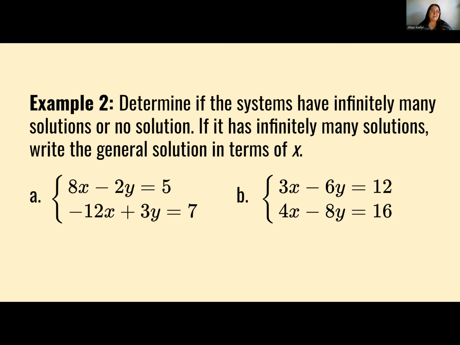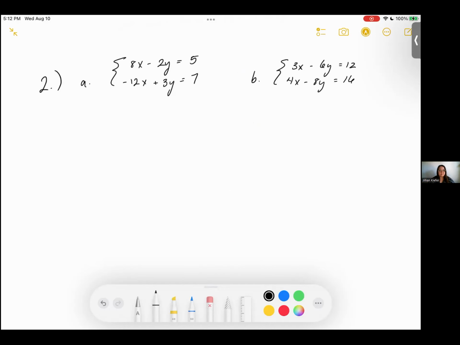We're going to stick with the algebraic ones, because we've already established that the graphing one is the easiest, but not useful on an exam. So part B here, we've got 3x minus 6y is equal to 12 and 4x minus 8y is equal to 16. All right, we're going to go over to our notes so we can work these problems out together.